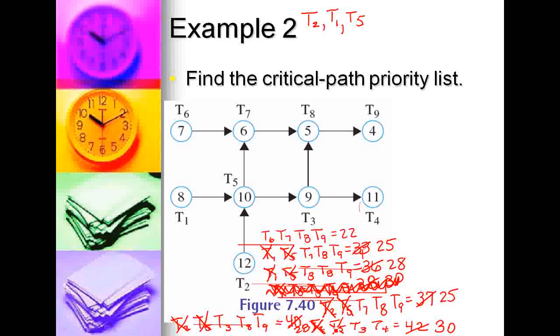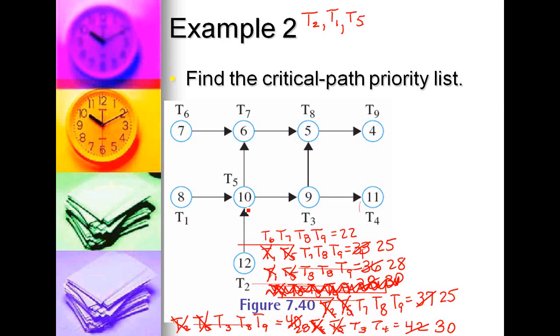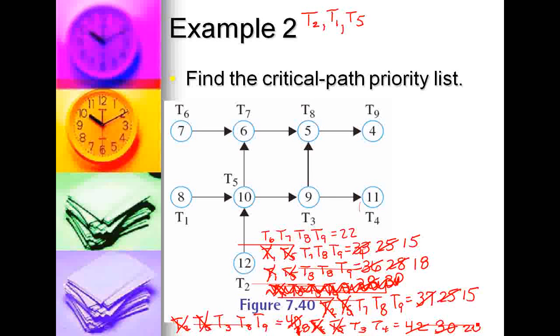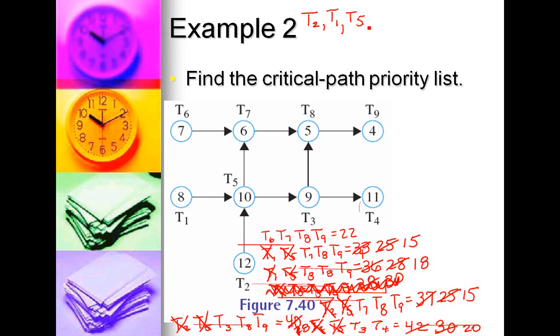Which is almost everywhere. T5 has a weight of 10, so that brings us down to 15. This is 18. This one is 18. This one is 15, and this one is 20. So now the largest is 22, so that puts T6 on our list.